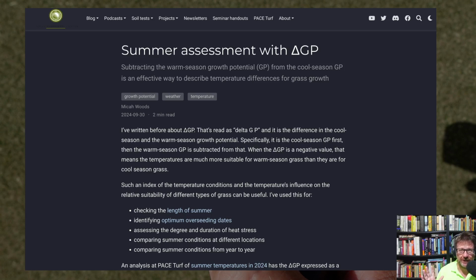And when you take 20 minus 100, you get a value of negative 80. That means that's below zero. That is clearly a day that is classified as much better in terms of temperature for warm season grass than it was for cool season grass.